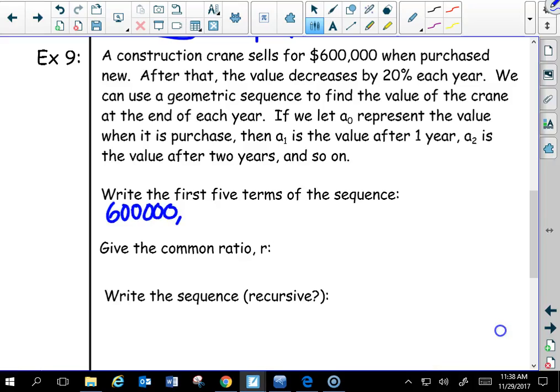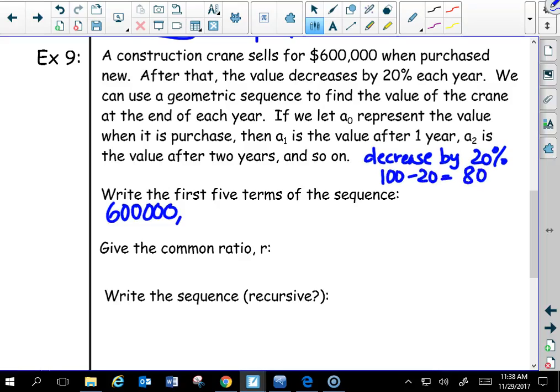Okay, now, to determine how much it lost in value, it's going to lose 20%, so I could multiply that by 20% and do some subtraction. Easier, though, is decrease by 20%. So 100% minus 20% is 80%, so it retains 80% of its value each year.